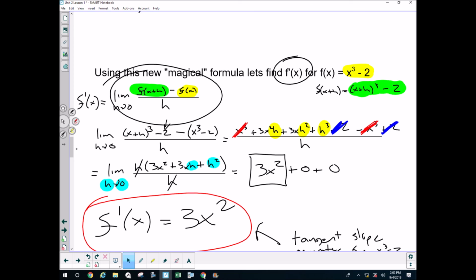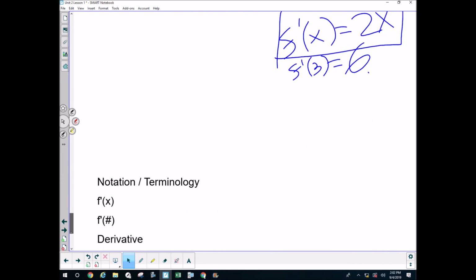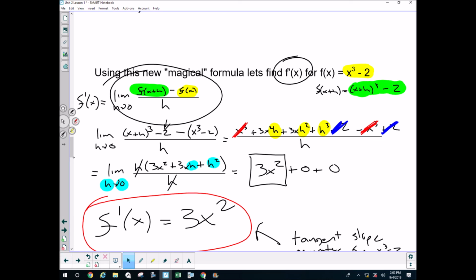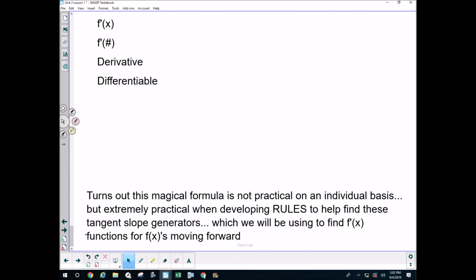And what they actually did is not use it this way, but they use this magical formula to develop rules. Okay?